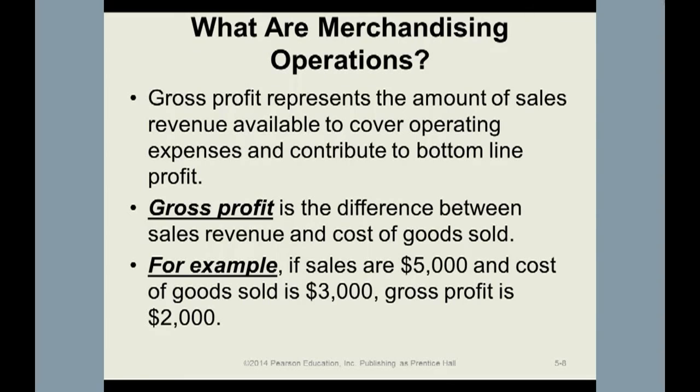The idea is that you buy the product for $3,000 and then you mark it up at a premium. Obviously you want to sell it for more than you paid. The gross profit, as I go on to tell you, is probably one of the most important measures in a merchandising operation, because don't forget, you still have to cover your operating expenses.